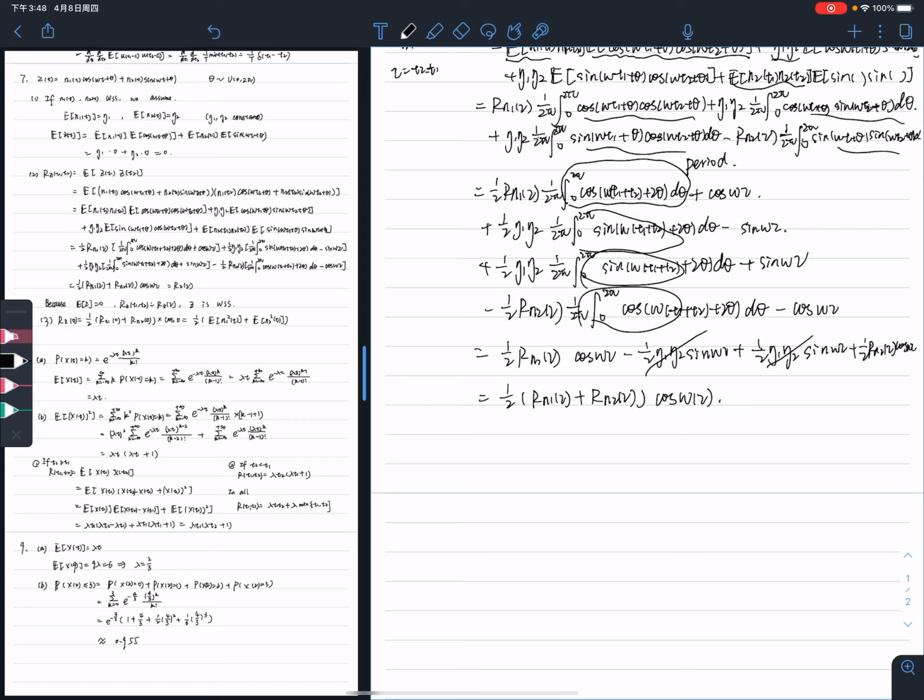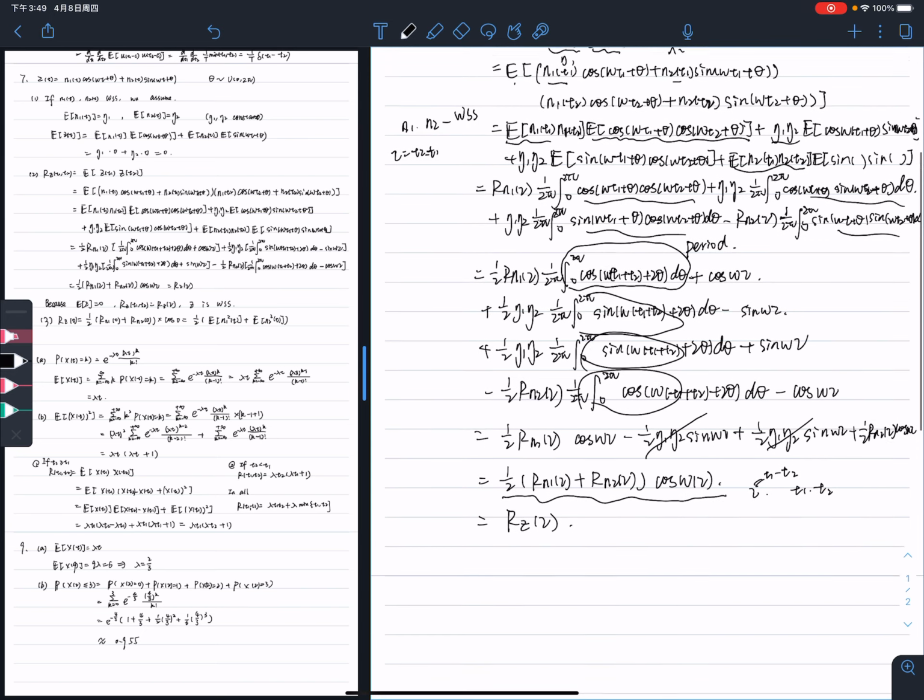We can see that this part is determined by τ and has no relation to t1 or t2. It only relates to τ equals t1 minus t2. Therefore, this can be written as R_Z(τ).